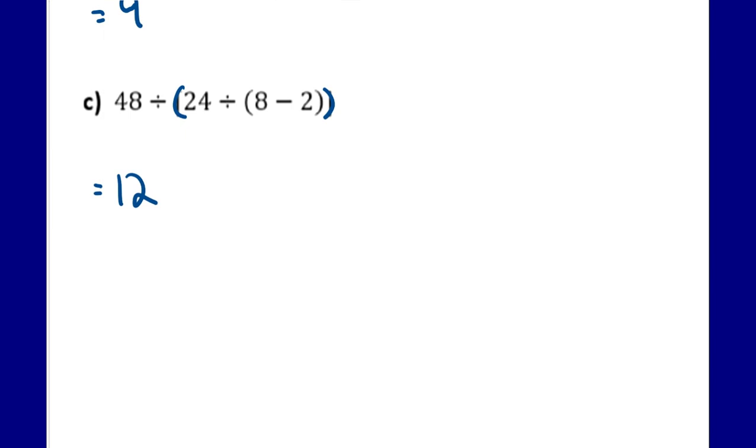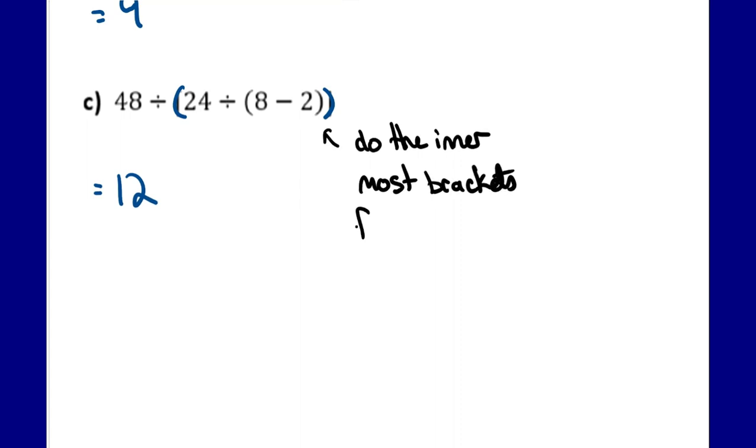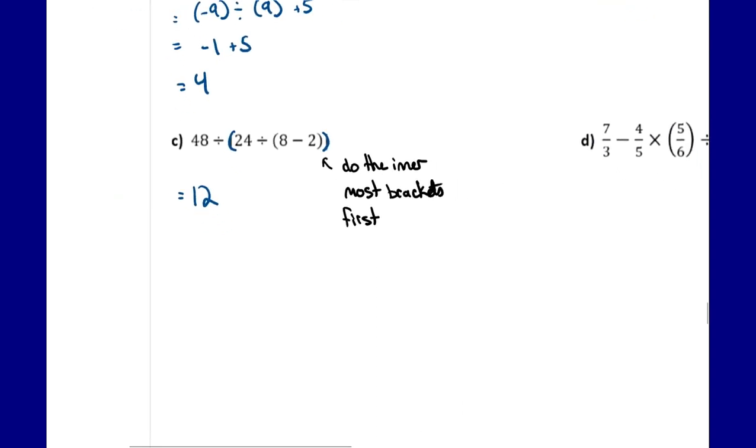Now, if you're doing this by hand and you're not using a calculator, when you have multiple sets of brackets, you want to do the innermost brackets first. So because I have multiple sets of brackets, I would want to do the 8 minus 2 first, and then I would do the 24 divided by whatever that answer is.